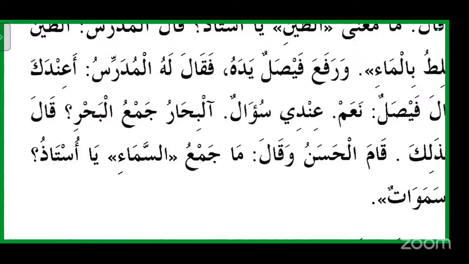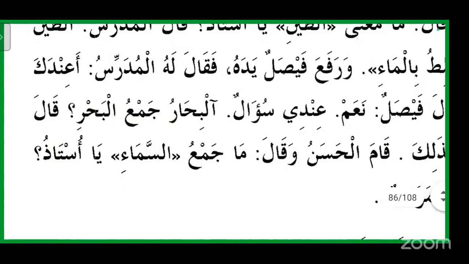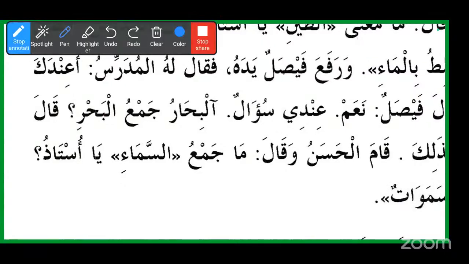अच्छा, ये आल बिहारू कहा है इसने. अल बिहारू भी हो सकता है और आल बिहारू भी हो सकता है. جمع البحر. Is Bihar, this is the question, okay? Is Bihar the plural of the ocean?